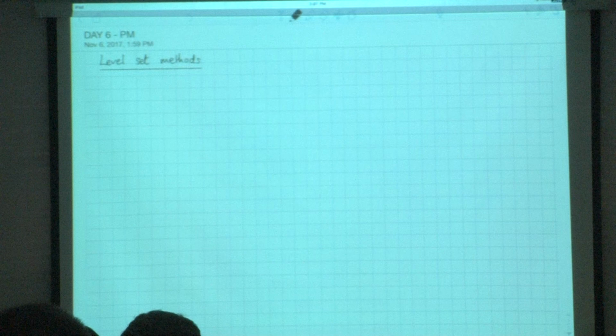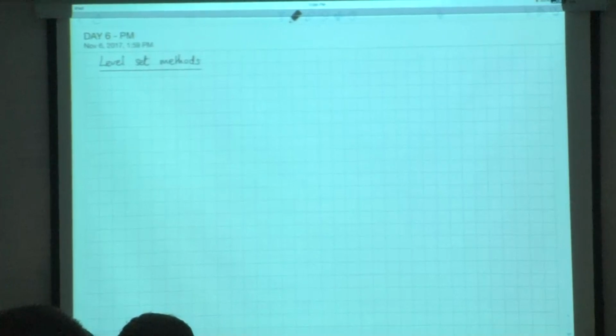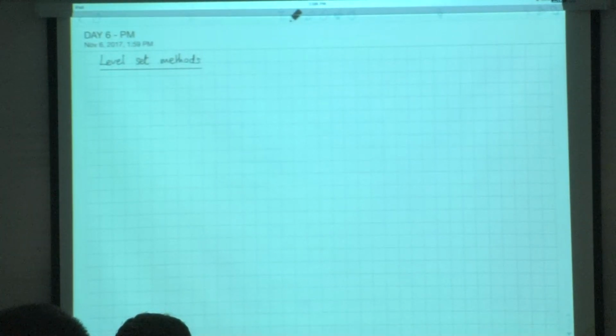I'll show you concretely, we'll look a bit at the code, and I'll show you how to set up this type of interface tracking for a concrete problem. And then we'll go through the discretization that I put in the code. We'll explain why I used what I'm using, and we'll give some reasoning behind this. And so then we'll look at the code, we'll run a simulation, and we'll move to a second test afterwards.